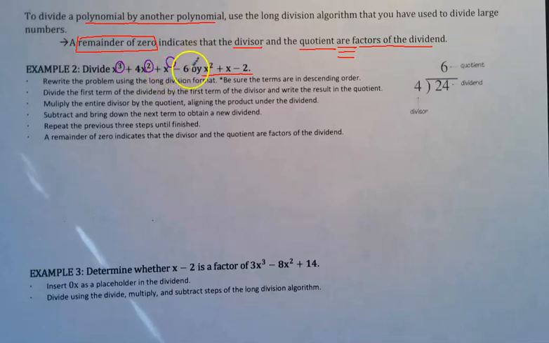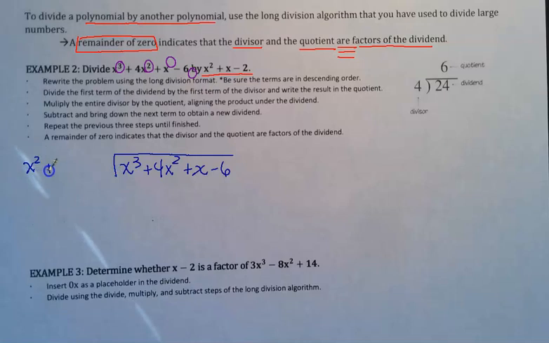And then we have a number with no x, our constant. So this is in descending order. Okay, so we can write this out and get started. So we're going to have x cubed plus 4x squared plus x minus 6 divided by x squared plus x minus 2. Yeah, we're doing long division today in Algebra 2.